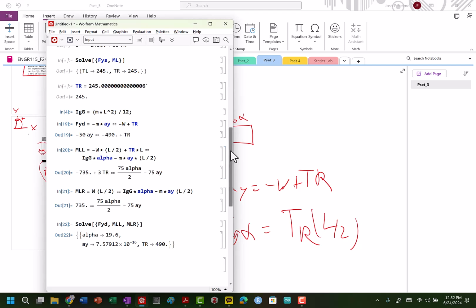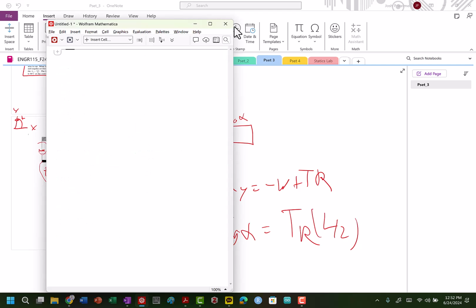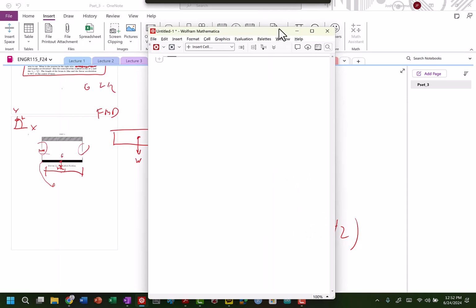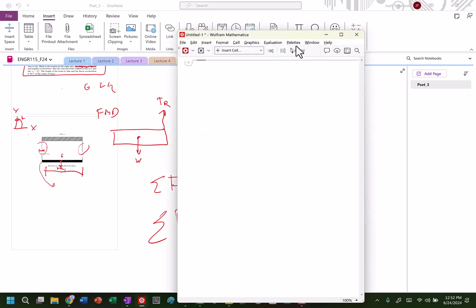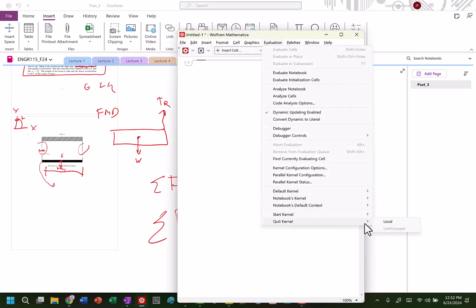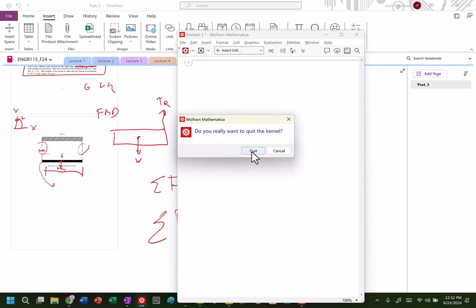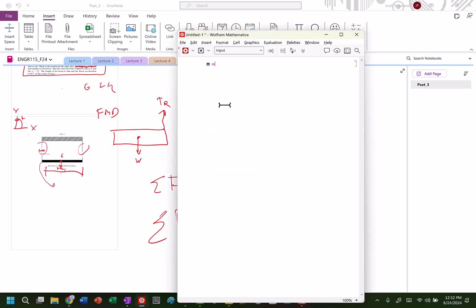So I'm going to go ahead and clear everything here, because I want to make sure we're working clean. Click the kernel, local, good. So the mass is equal to 100, gravity equals 9.8.